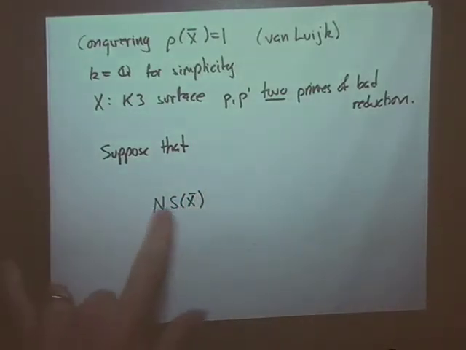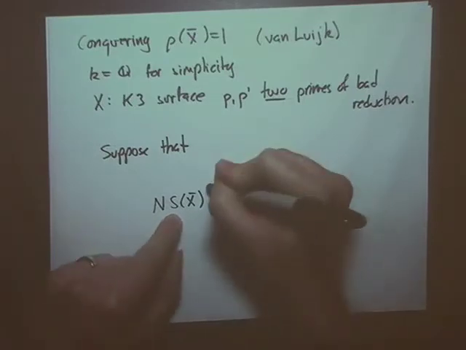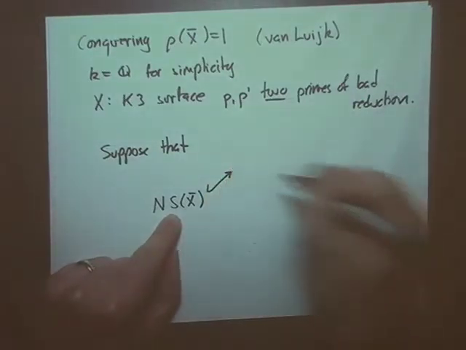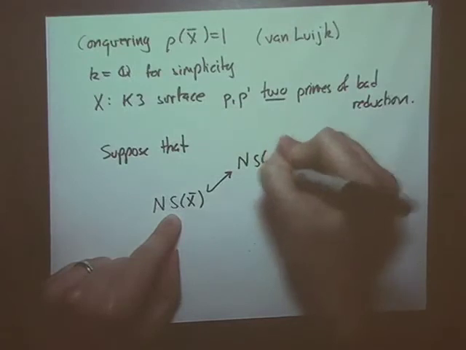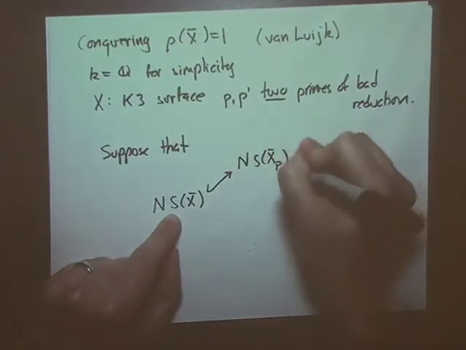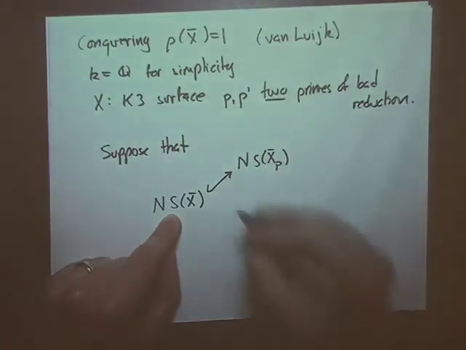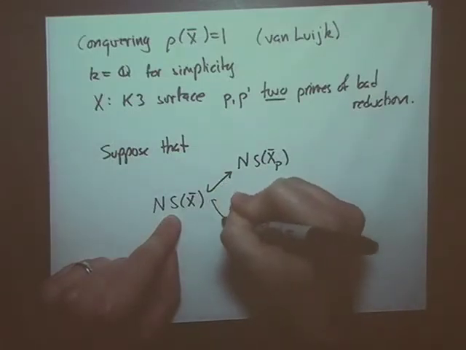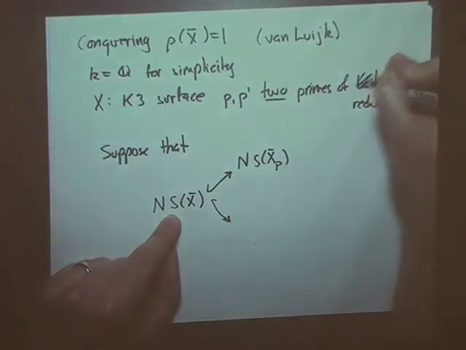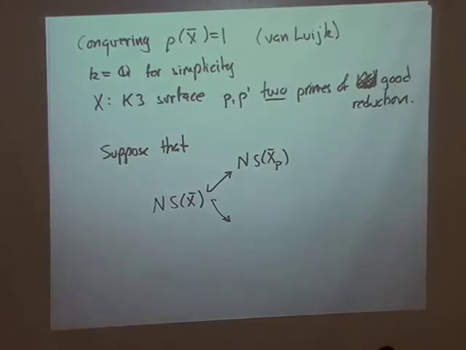So the rank of this thing is what I'm interested in. I know that when I have good reduction, my specialization will inject into the Néron-Severi group of x bar. Yes, thank you. Thank you, whoever that was.